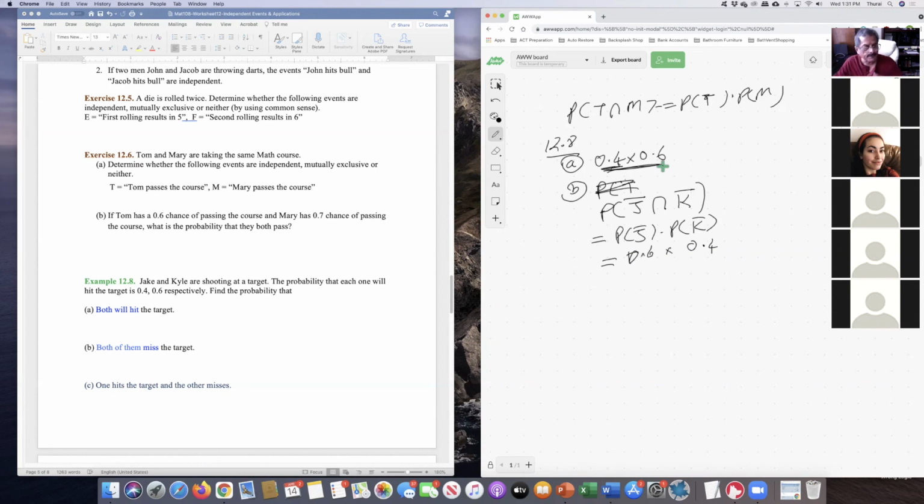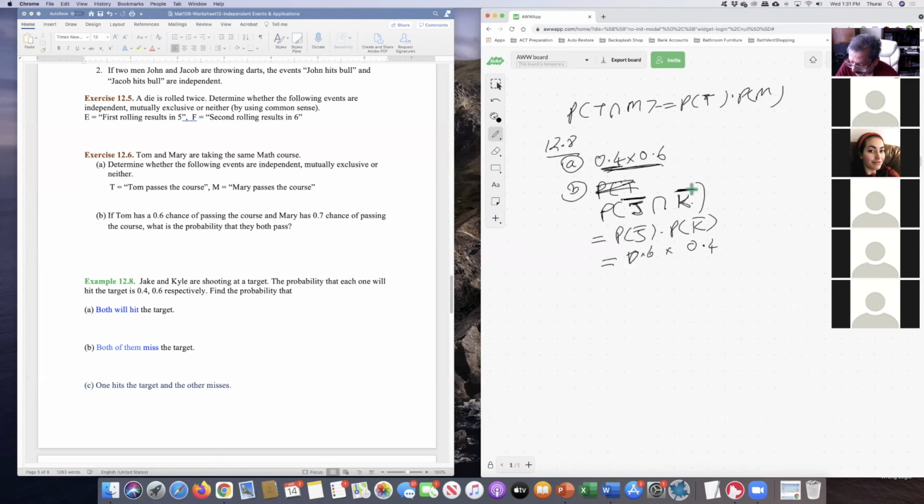Probability of both missing the target means Jake should miss, right? That's the complement of Jake hitting the target, that's why that's J bar. And Kyle should miss, that's the same as the complement of Kyle hitting the target. That's why it's K bar.